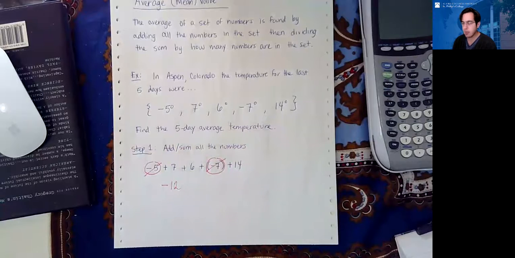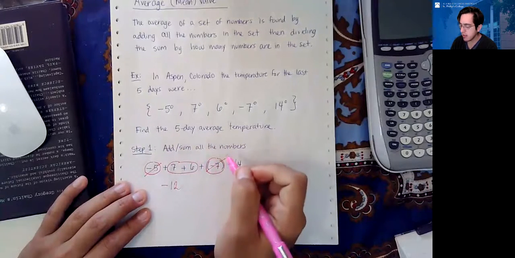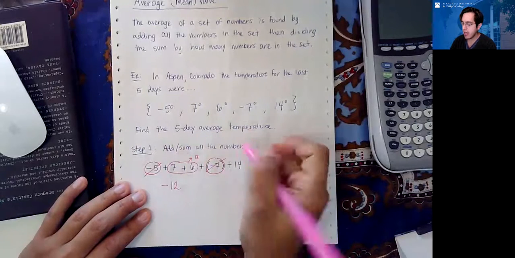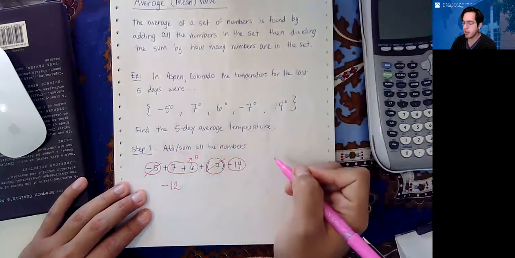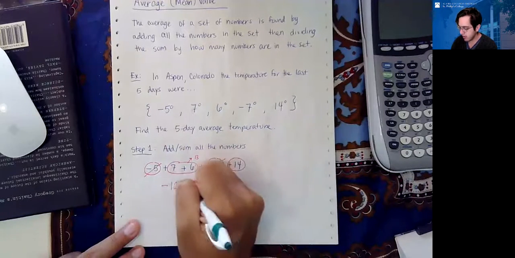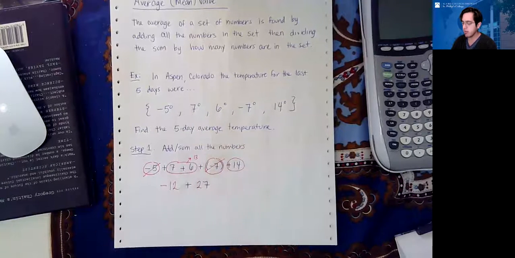Then we can just add our positive numbers together. So we have 7 and 6, which adds to make 13. And we're adding that to our 14. So 13 plus 14 should give us positive 27.